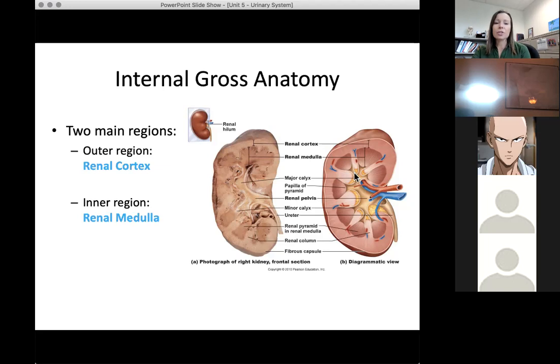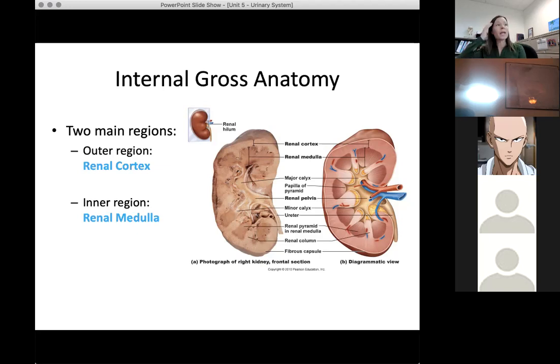Okay, so these little channels here, right here, right here, right here, just extend down off of each pyramid. And then a major calyx is a larger channel that's formed when several minor calyces unite. And I'll identify that on the diagram in a sec.